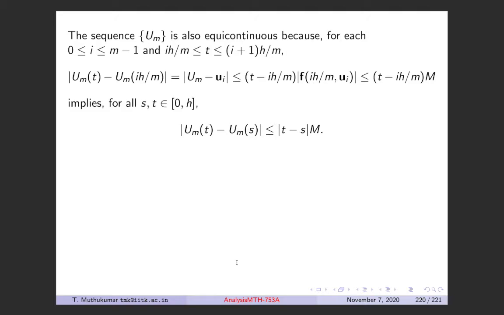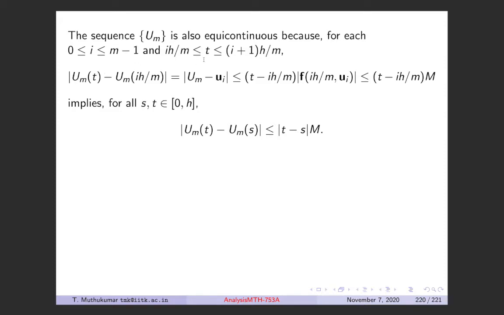Okay, for that we just look at the value of U_m at any point t and at the lower end point. We know the value, because it's piecewise linear in these intervals, right? That's how we constructed it. So we look at U_m(t) for any t, and any t will be lying between these 2 points for some i, right?